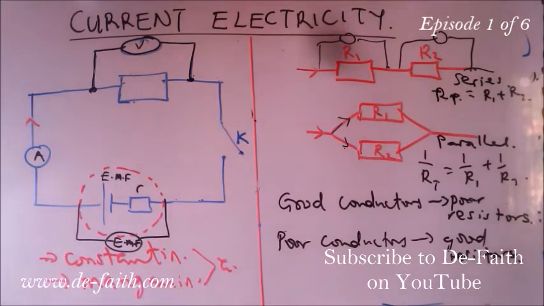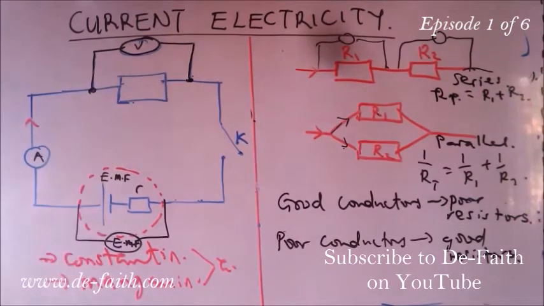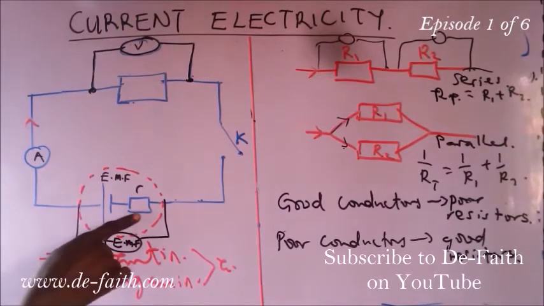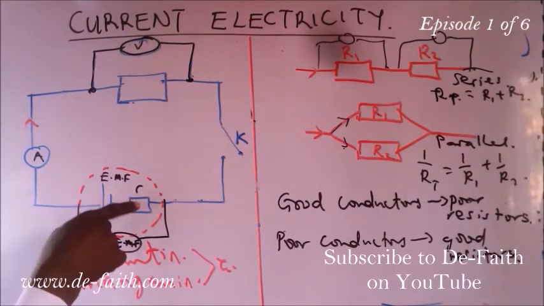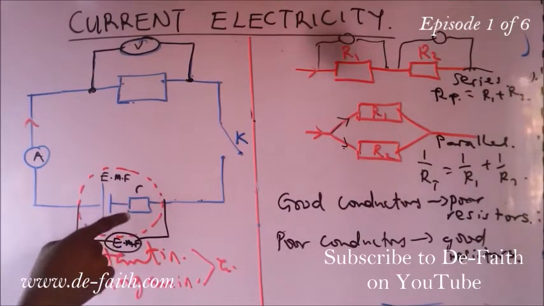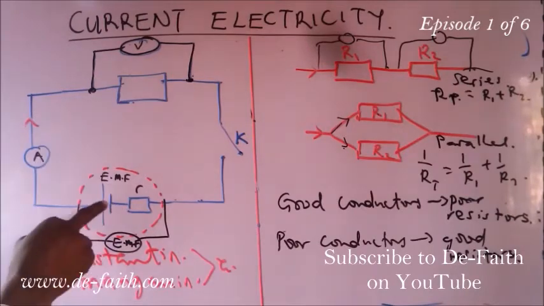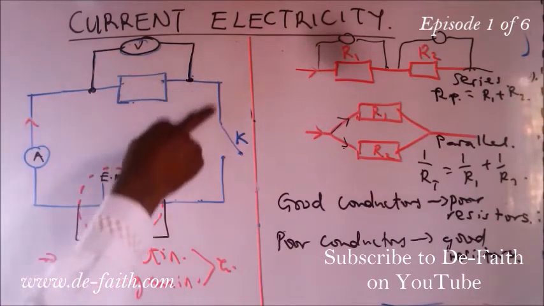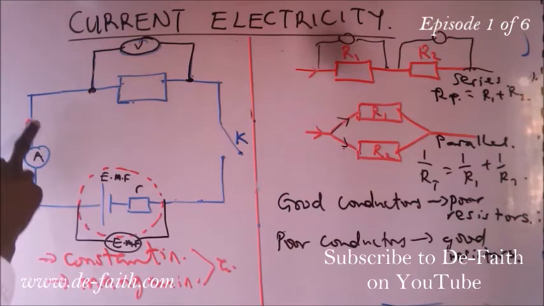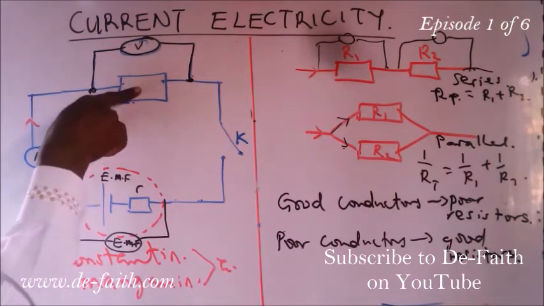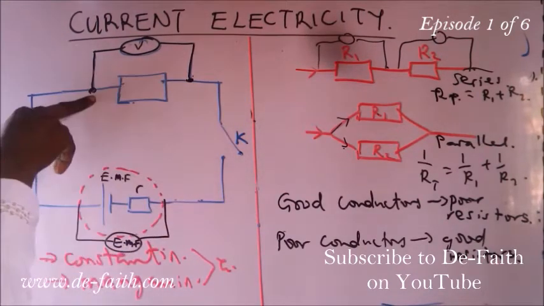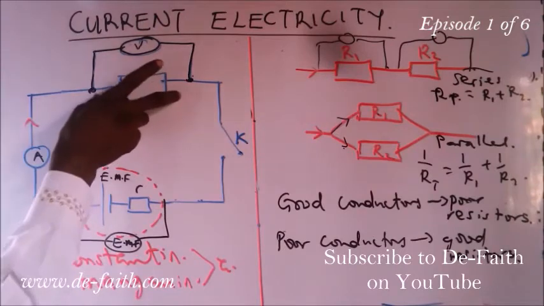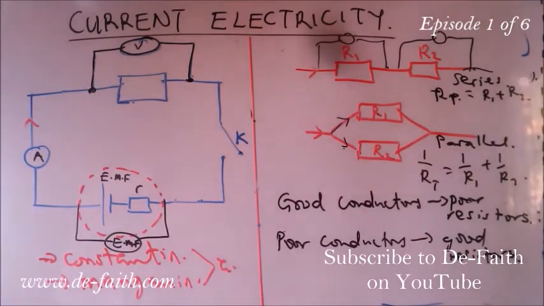We said that the EMF will be bigger than the potential difference. Why? Because this is the only resistor we have here, but when you consider that the current has to flow through this wire, the wire is going to pose some resistance to the flow of current. Likewise, this resistor. Because of that, the flow of charge will yield a lower potential difference.